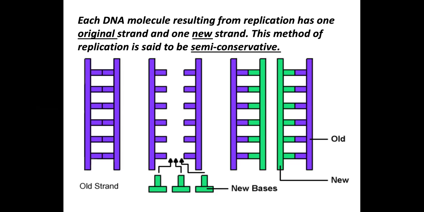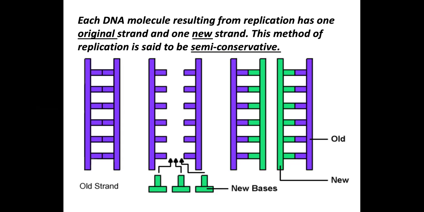Everybody with me? And then we come back in and we add new strands, the complementary strands. The blue ones are the original ones. The pink ones are the new ones.